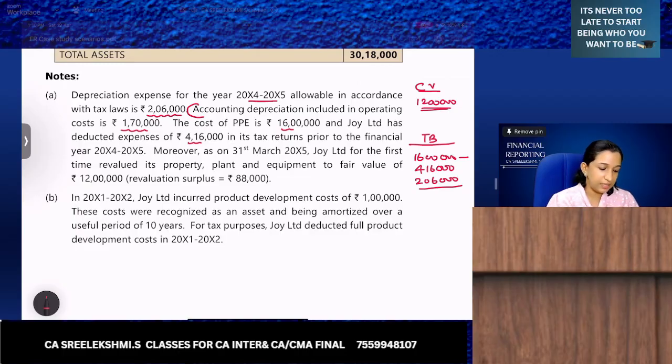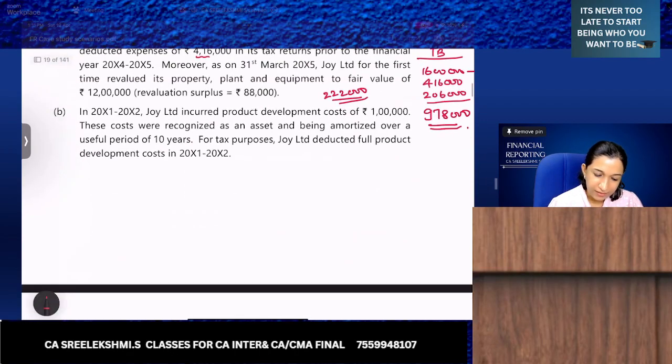So 16 lakhs minus 4 lakh 16,000 minus 2 lakh 6,000, 9 lakh 78,000 is the tax base. Now, 9 lakh 78,000 minus 12 lakhs, we create a DTL on this 2 lakh 22,000.